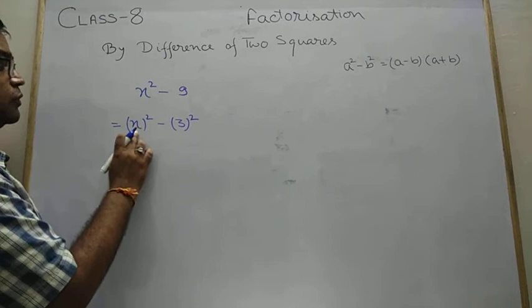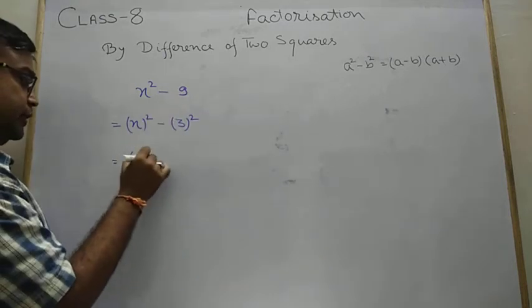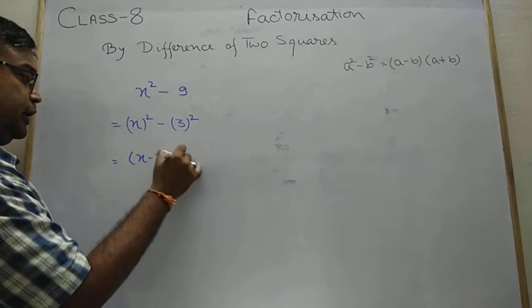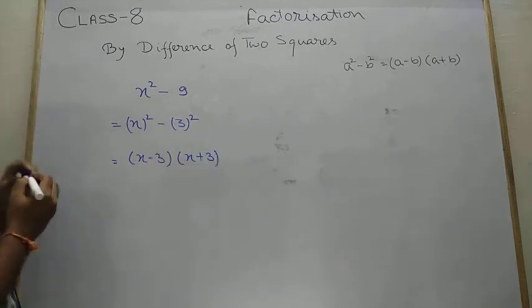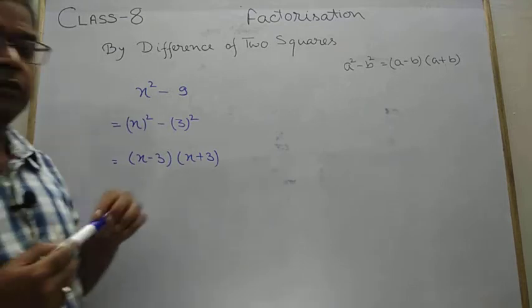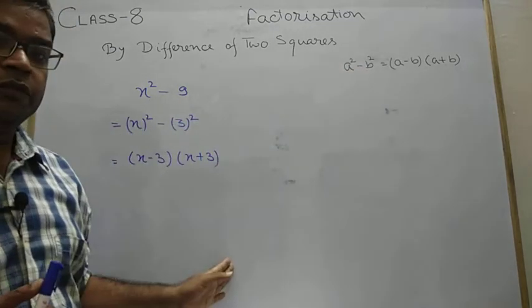Now first term square minus second term square gives first term minus second term, that is x minus 3, and first term plus second term, that is x plus 3. Likewise we use this identity to do the factorization.